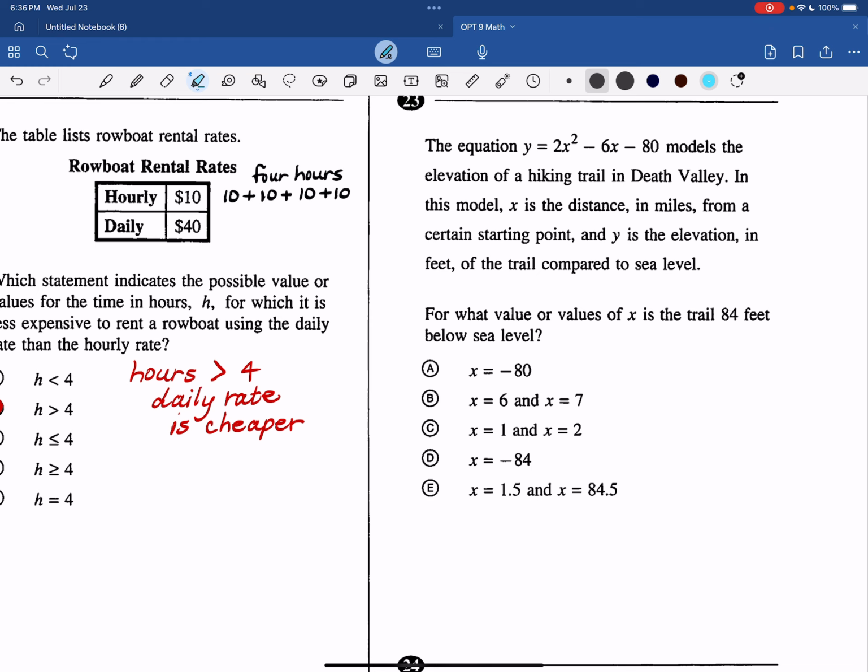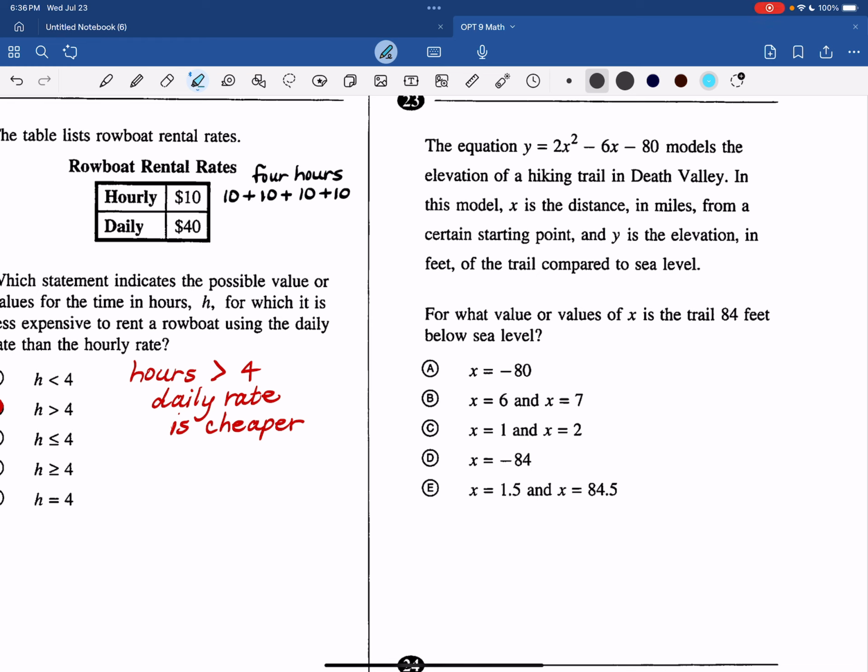The equation y equals 2x squared minus 6x minus 80 models the elevation of a hiking trail in Death Valley. In this model, x is the distance in miles from a certain starting point, and y is the elevation in feet of the trail compared to sea level.